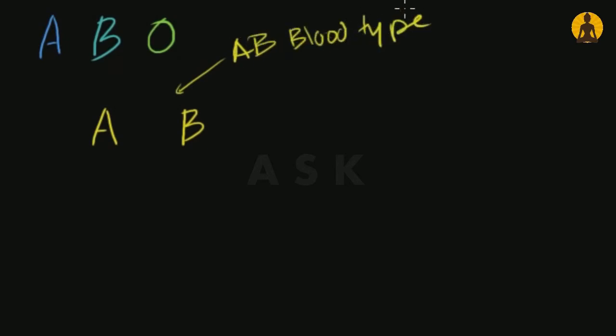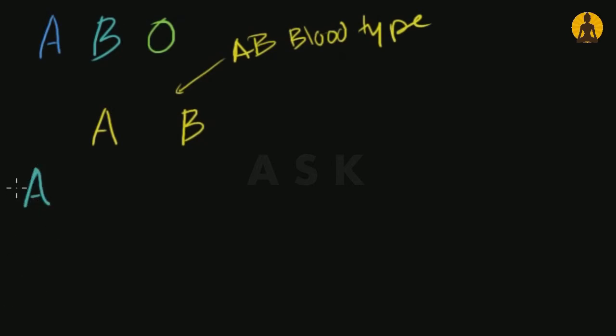And then the other parent, let's say that they are fully an A blood type. Let's say their phenotype is an A blood type. I hope I'm not confusing you.